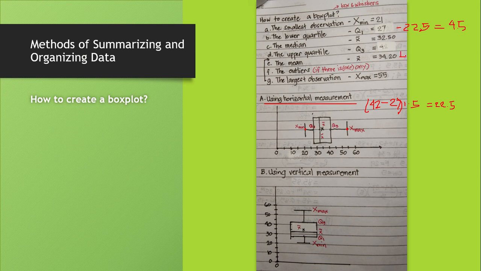We add 22.5 to 42, so that's 64.5. Again, take note: below 4.5 is an outlier, and above 64.5 is an outlier. If you check, our smallest data is 21 and our largest data is 55. So this is within the limits, which means we don't have an outlier.